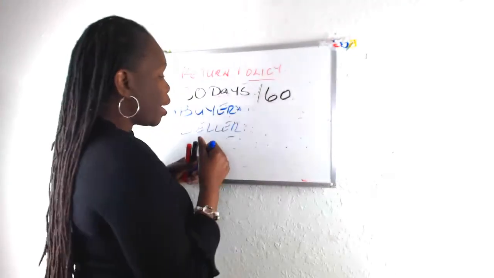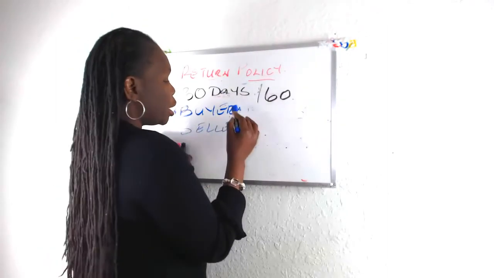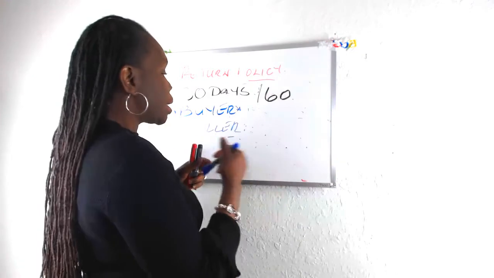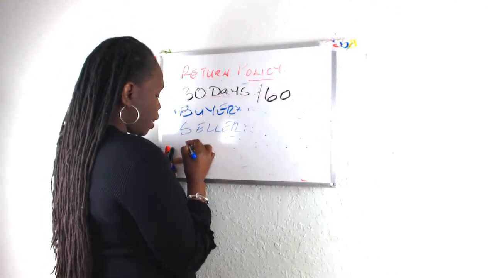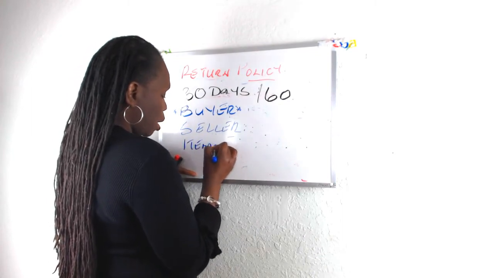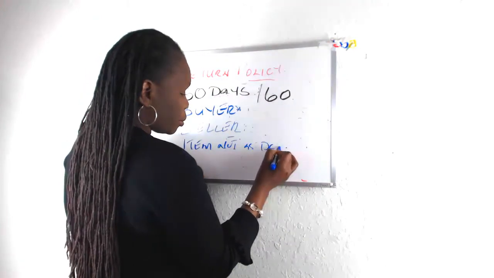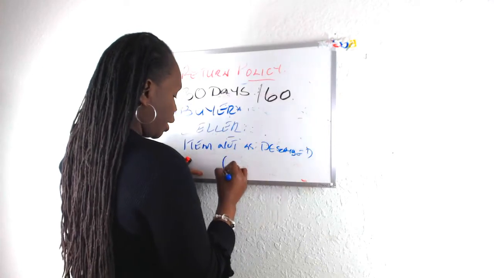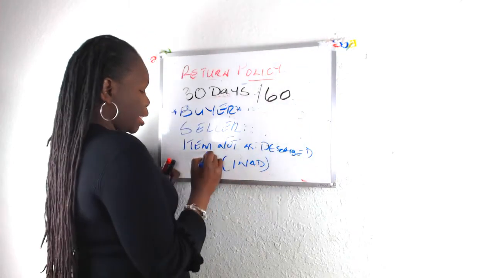However, if the same shoes that they received, they decide, oh, these shoes are different from what I saw on the listing, and then they open up a return, and the reason they give for the return is item not as described, we call it INAD.